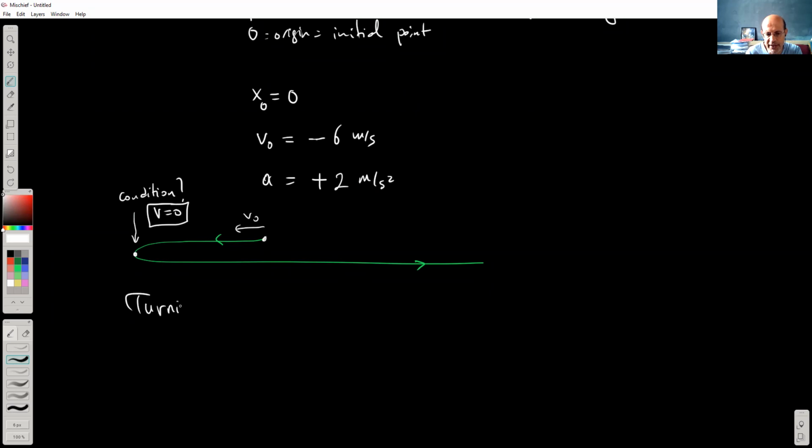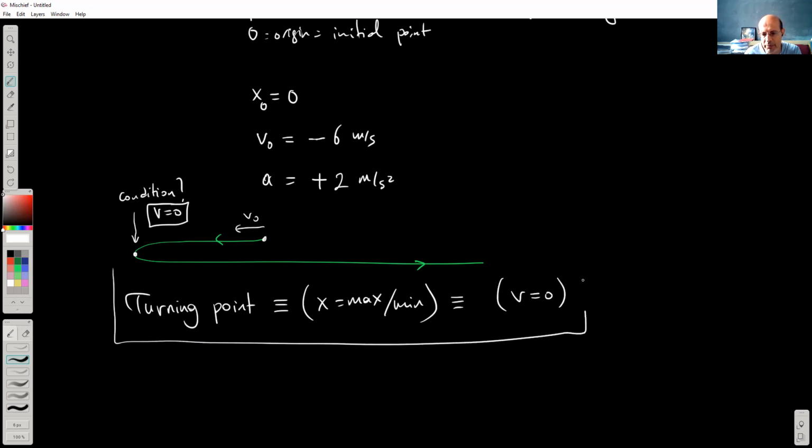So a turning point of the motion is a point where the position is a max or a minimum, right? A turning point is the same thing as this one. That's equivalent to a point where the instantaneous velocity is equal to 0, right? Let's just keep this in mind.